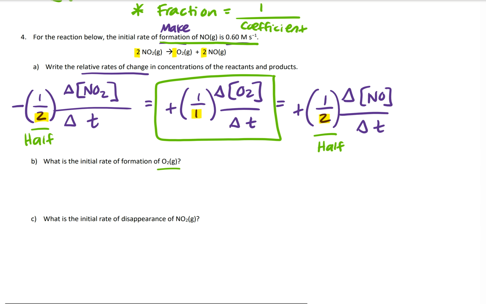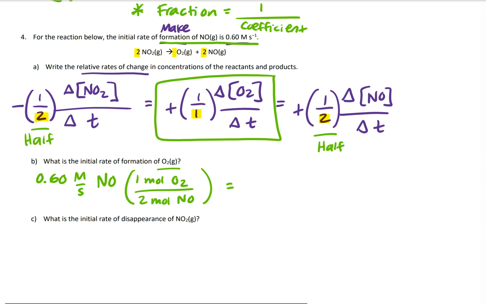So if NO is being made at a rate of 0.60 molarity per second, that's for NO. Multiply that by the mole ratio. 1 mole of O2 for every 2 moles of NO. So essentially what we're doing is dividing it by 2.